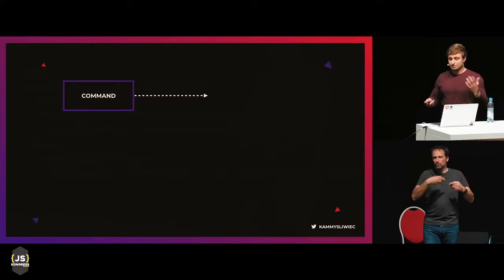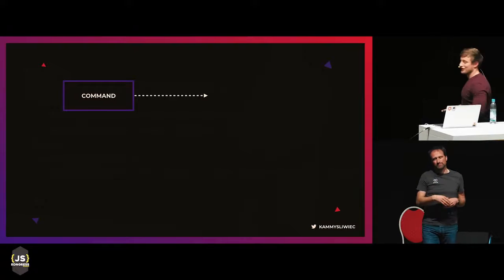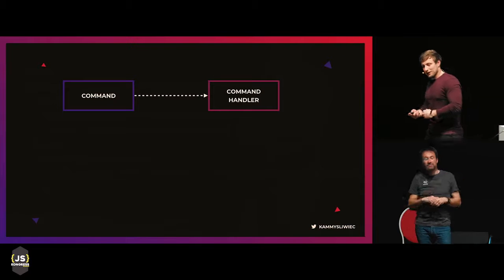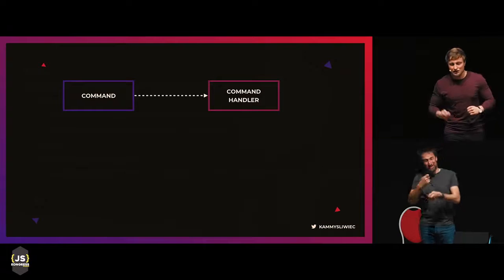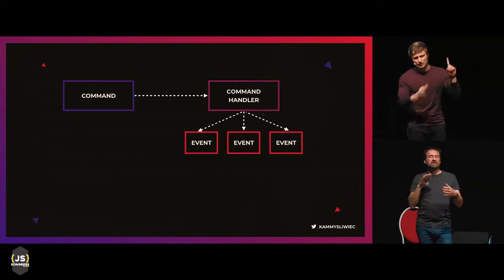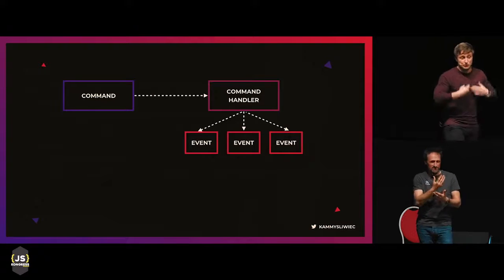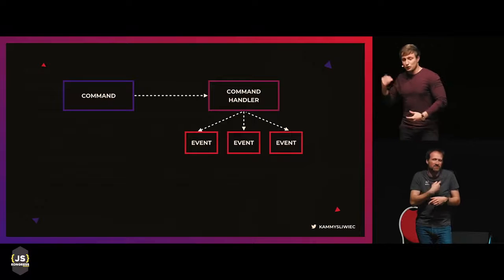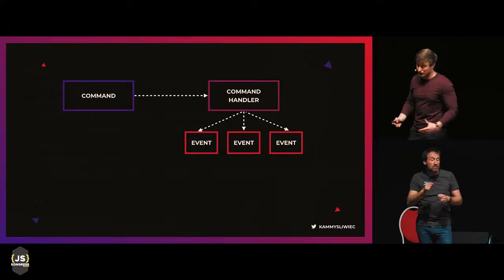So again, just to give you a short high-level view, we have a command. Then we have a command handler, the hero slays the dragon. We are dispatching an event. In our case, just one single event. In the diagram, you can see multiple events because you don't necessarily have to dispatch only one single event. You can dispatch multiple events.